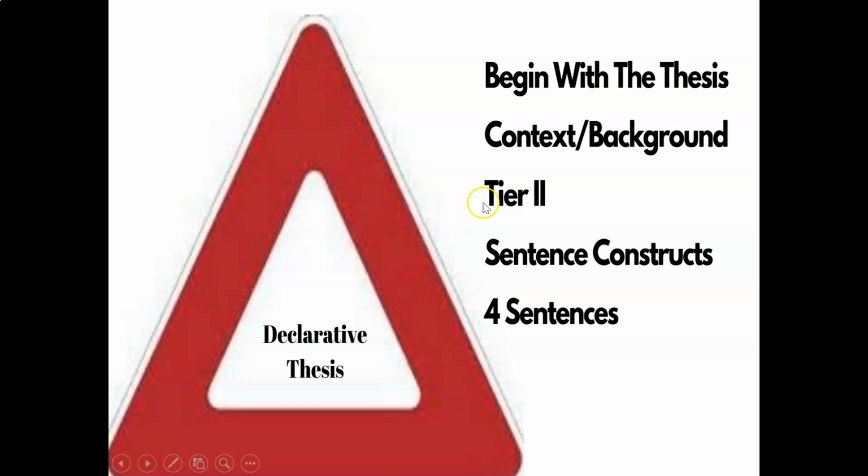But we can't geek it all out, right? We can't be overly pedantic and contrived. Students have to teeter-totter balance the tier 2 with the colloquial and the vernacular. So you'll see the students try to do that. And then sentence constructs. I'm a big proponent of rule number 18 from Strunk and White's text called Write It Right.